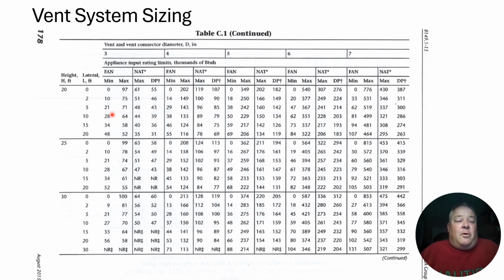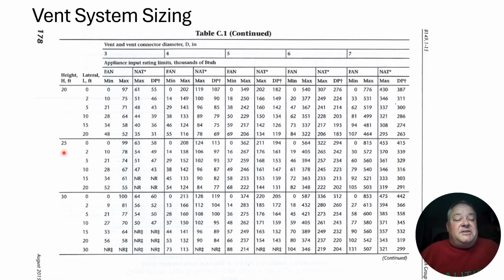As I mentioned before, you can see this next table now has the 20-foot, 25-foot, and 30-foot vent heights. And again, the laterals are going to increase as we kind of go in this system. So you can see there as your vent height goes up, we're obviously going to pick the appropriate table. If we had a vent height, let's say at 28 feet, we're going to go to 25.